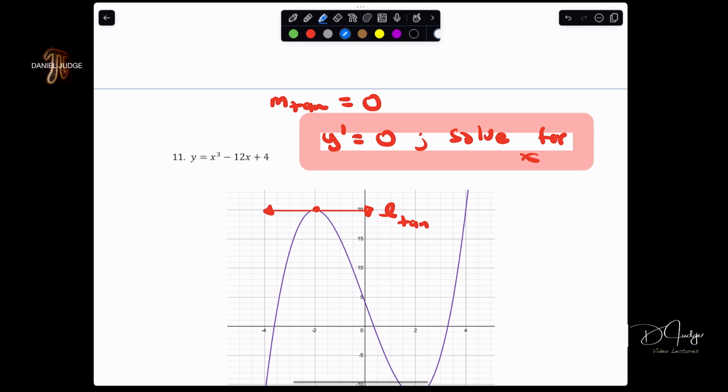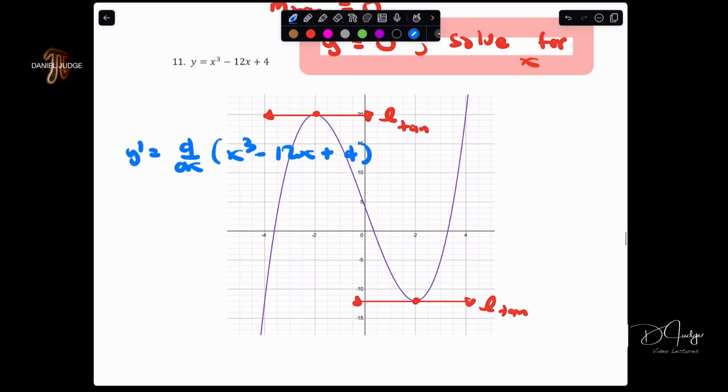Okay, and I'm going to take that derivative here since I can see it now. So we'll say y prime will be, I'm going to differentiate x cubed minus 12x plus 4. By properties of derivatives, I'll bring it down.